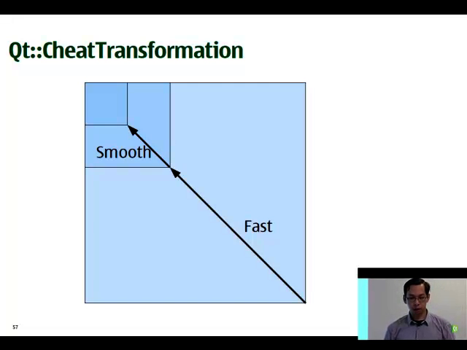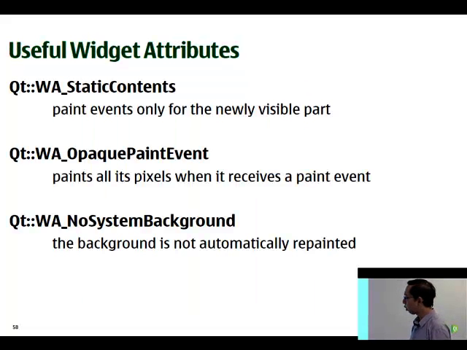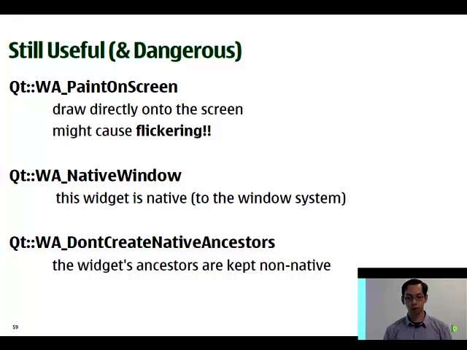There are also some important widget attributes if you want the painting to be fast, like static contents, opaque paint event, no system background, and so on. You can have a look at the Qt documentation for details. There are even dangerous widget attributes that you can use, although you must be careful if you use them: paint on screen, native window, don't create native ancestors, and so on.